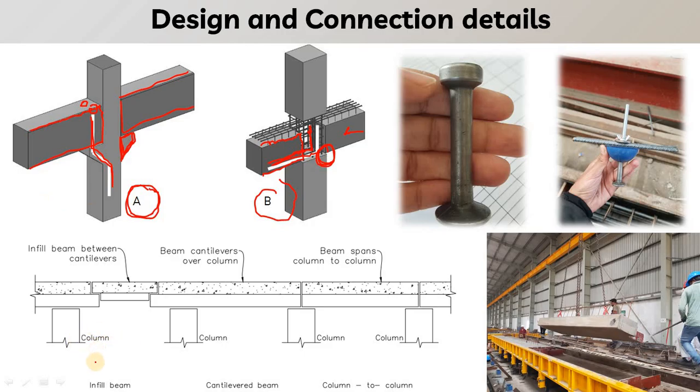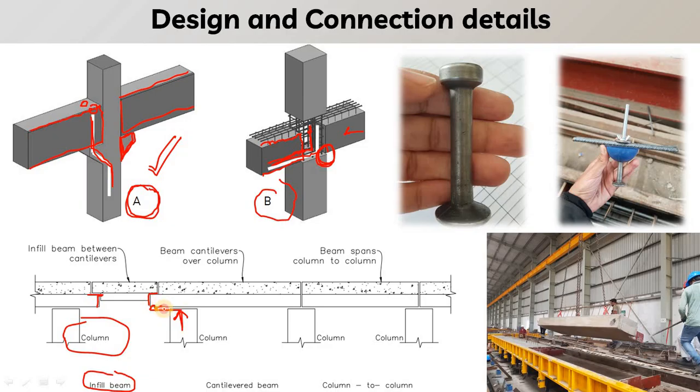Now in the bottom of the figure you can see here it is a column, and there are three types of beam that can be used. First, it is infilled beam. So here you can see this is the kind of corbel that is provided. So it is a kind of type A connection. Second, we can give a cantilever connection. Here you can say this is my column and this is the cantilever portion.